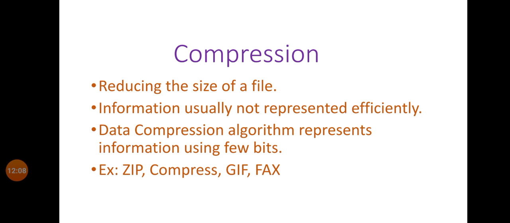In that case, what we have to do is compress our file, right? So I think you have understood what is meant by compression. Compression means reducing the size of the file. When we reduce the size of the file, the data is compressed.